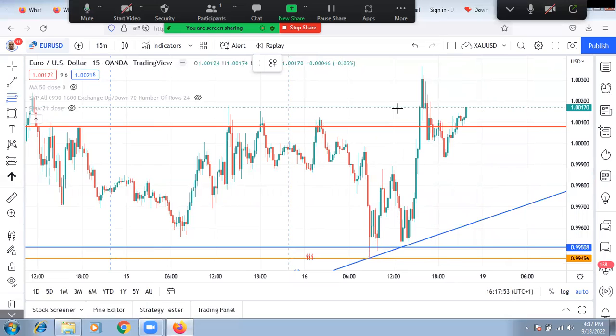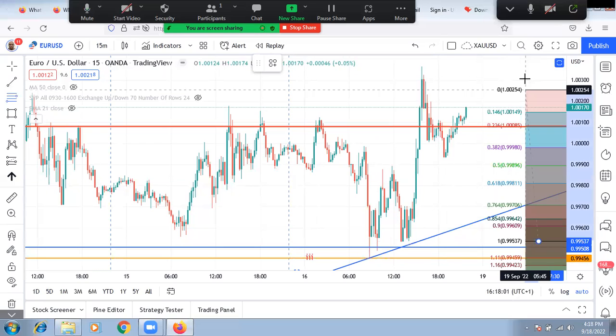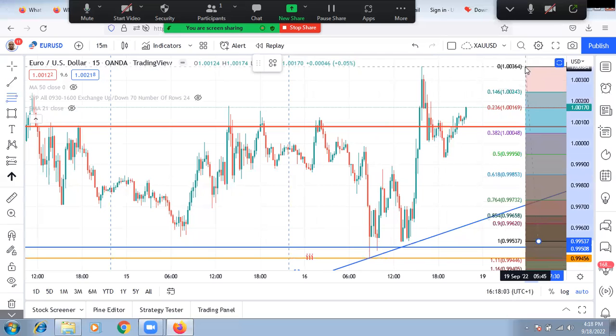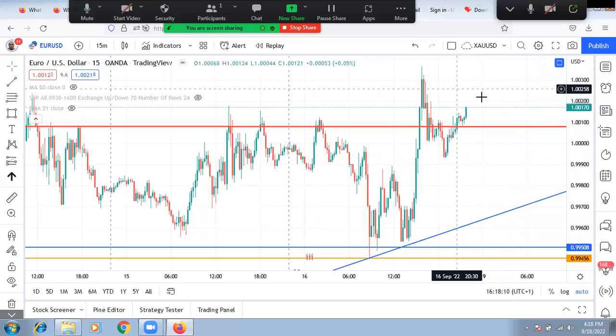We take it from the 2, which is from this low, to the peak of 3, and exactly at 50. So this is at 50 here, so that qualifies for wave 4.